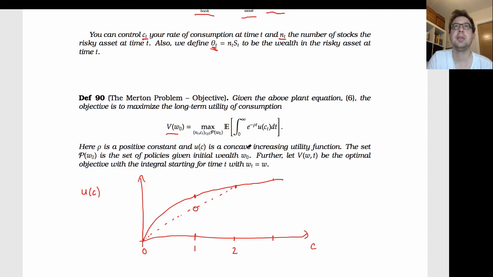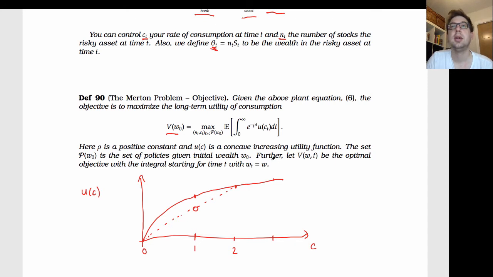Essentially what I mean here is the sets of theta of t's which don't give me, say, negative money in my bank account. So I'm not allowed to invest all of my money, or double my money, in the risky asset, for example. I can only work with the money that I've got. You can't consume more money than you've actually got as well.